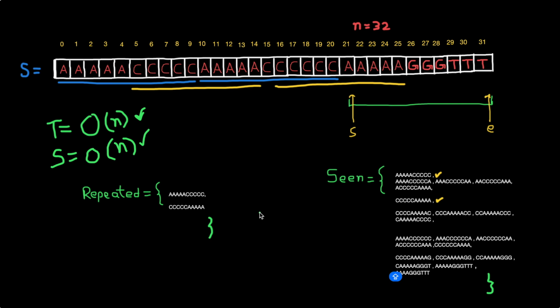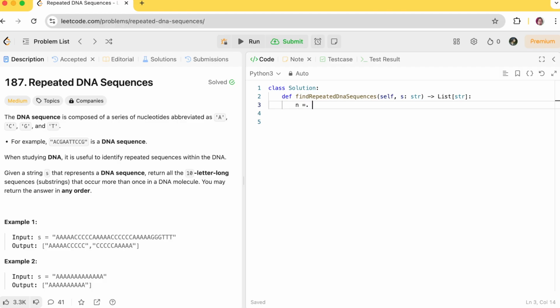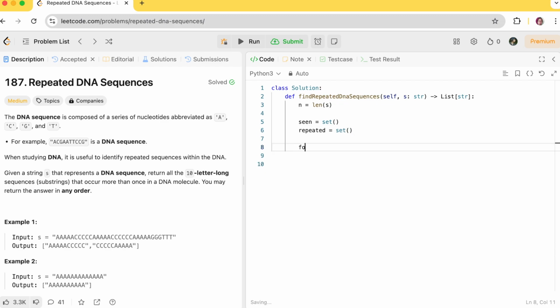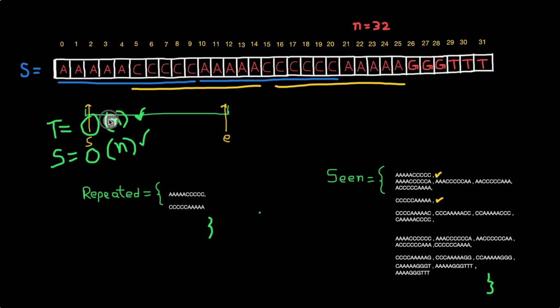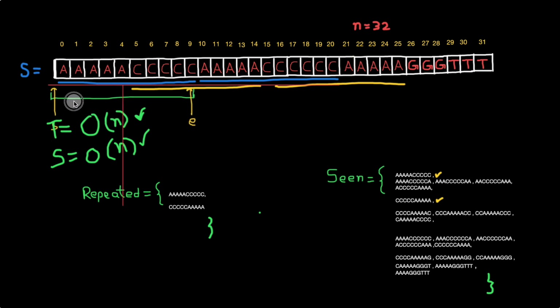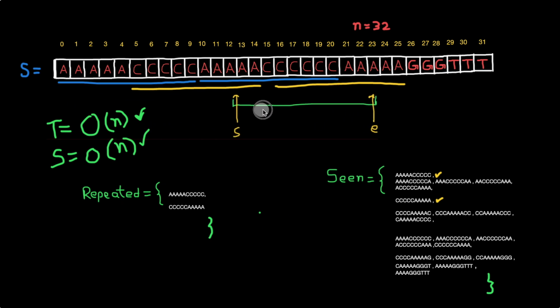Now let's look at the coding. Initially we'll have n, which will be the length of the string. Then we'll have two sets, that is the seen set and a repeated set. Now we'll run the loop. We'll run the start pointer from the 0th index, and it will move like this and reach till here.